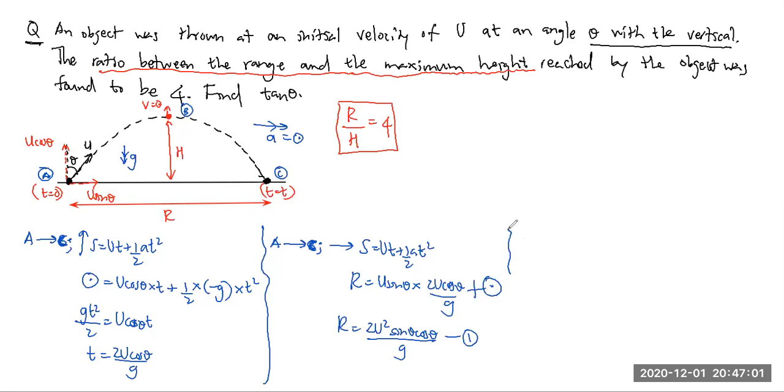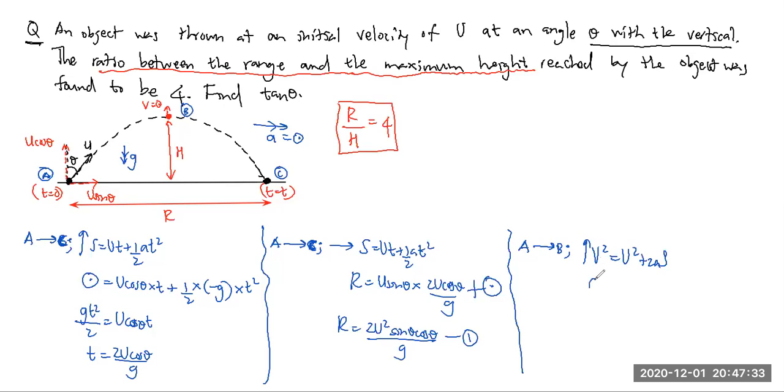And then let's try to get a relationship for maximum height. There you will apply the equation from A to B. So what information do we know? The final vertical velocity at the maximum height will be 0. Initial vertical component u cos theta, acceleration downwards g, and the maximum height is H. Therefore we know the final velocity, initial velocity, acceleration and displacement. Hence let's use the equation upwards, v squared equals u squared plus 2as.